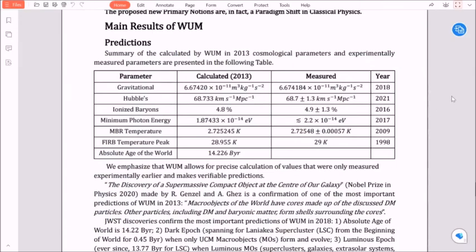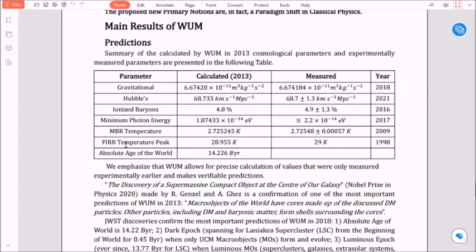Hubble's parameter was measured in 2021, ionized baryons in 2016, minimum photon energy in 2017. We emphasize that WUM allows for precise calculation of values that were only measured experimentally earlier and makes verifiable predictions.